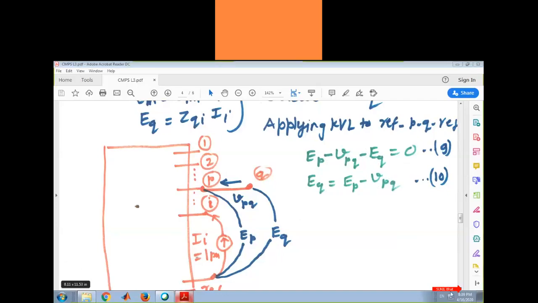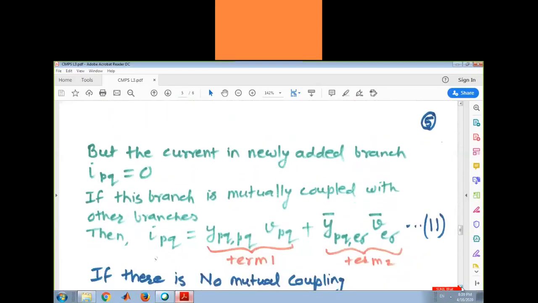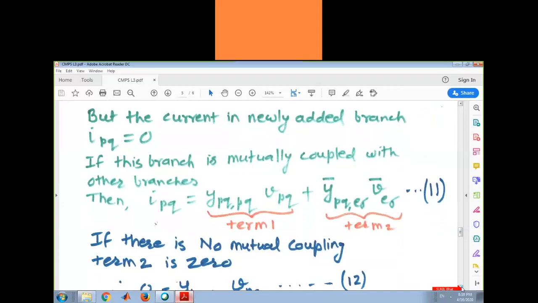Now IPQ is 0, and if this branch is mutually coupled with other branches, I can write IPQ in terms of the voltage across it, which is VPQ multiplied by YPQPQ.